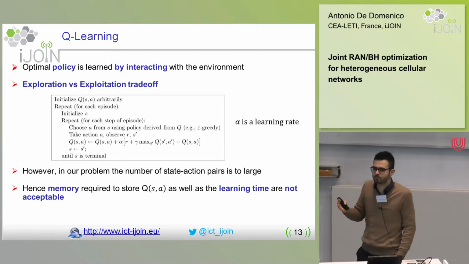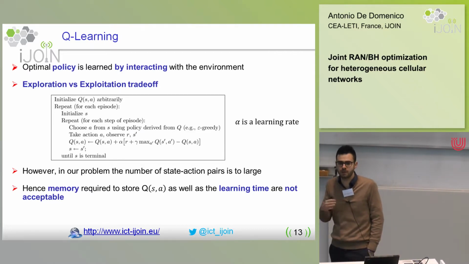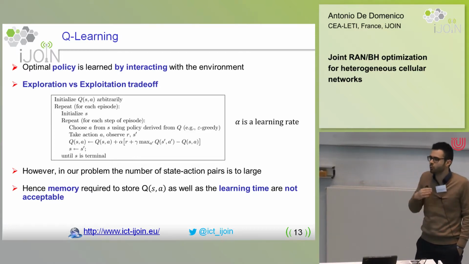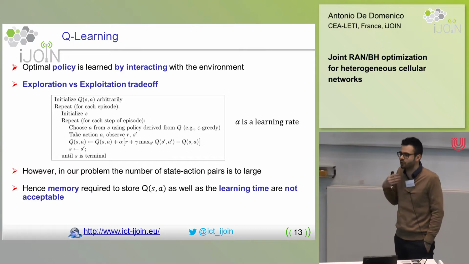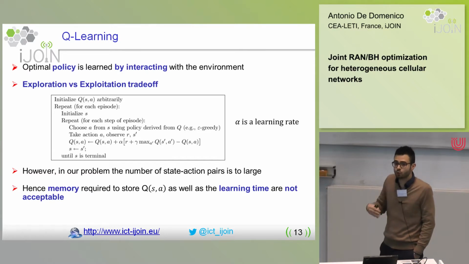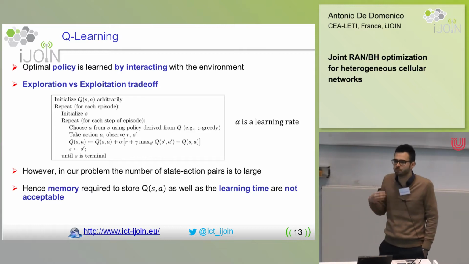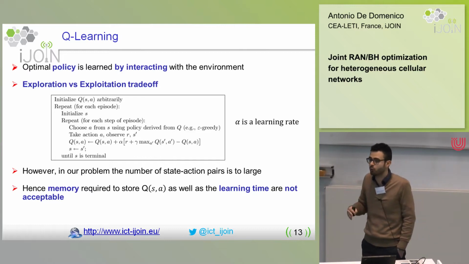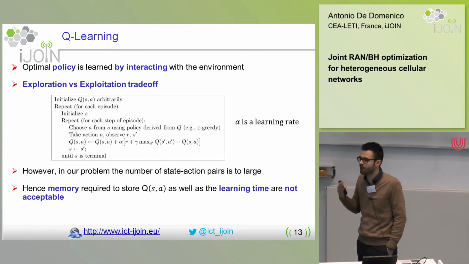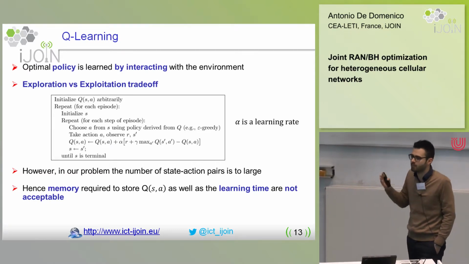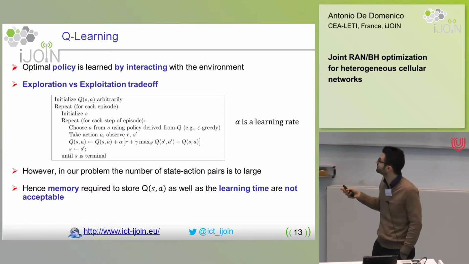So there is some trade-off between exploitation and exploration. This means that, on one side, you want to exploit the information that you have already acquired in the past to gain as much as you can. On the other side, you need to explore new strategies to have more knowledge about your environment and maybe discover additional beneficial strategies.